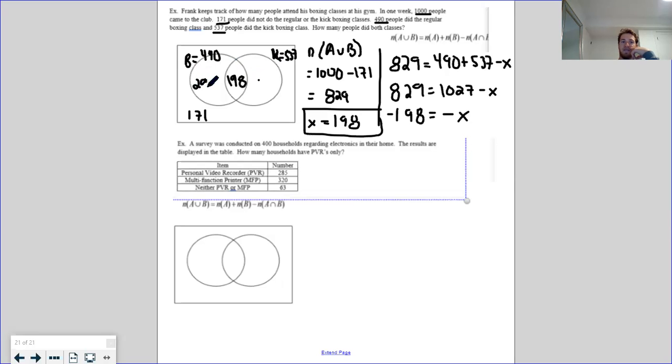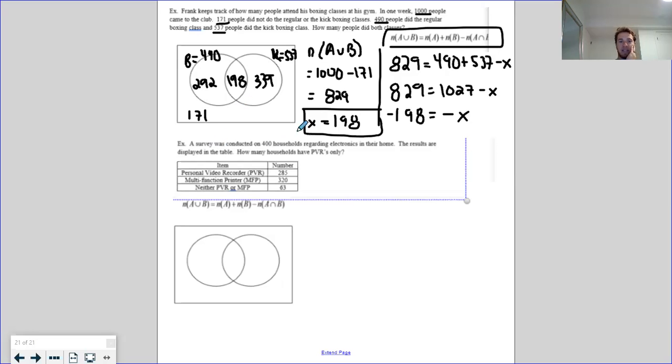And then 537 minus 198 is 339. Very good. So the formula does actually help you in these cases. So please remember this, okay?